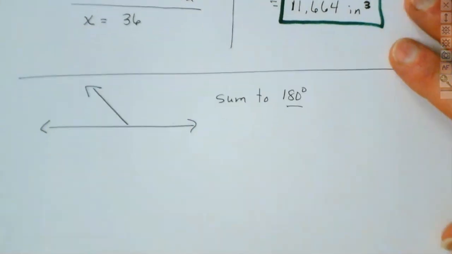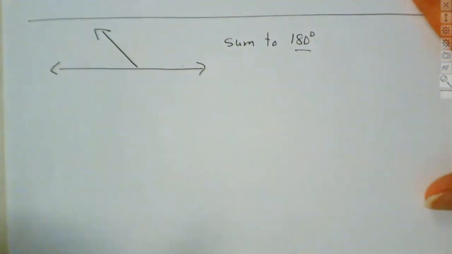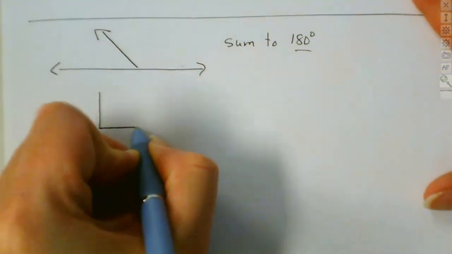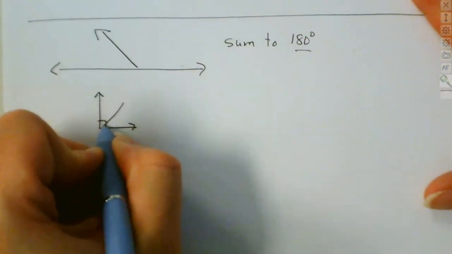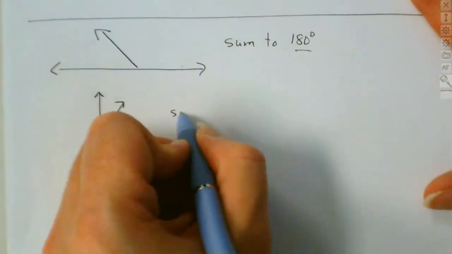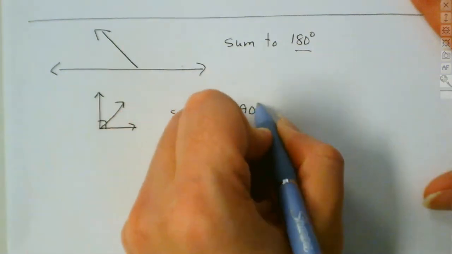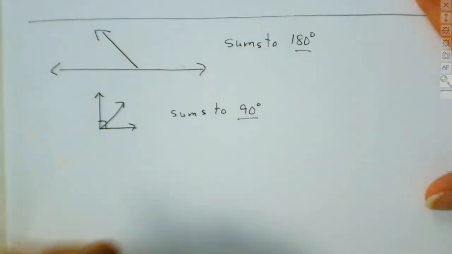That's one of them. So if it looks anything like that with a straight line, it sums to 180. If it looks anything like this, like a right angle, and we talked about this a little bit last time, if it's any sort of a right angle, then it sums to 90 degrees. So this one sums to 180. This one sums to 90.